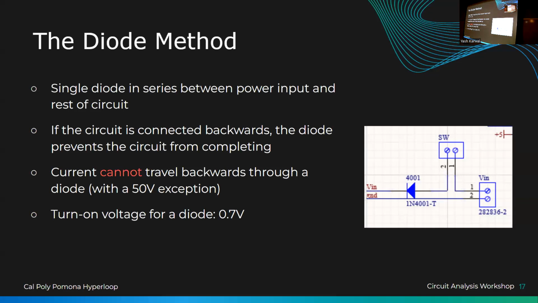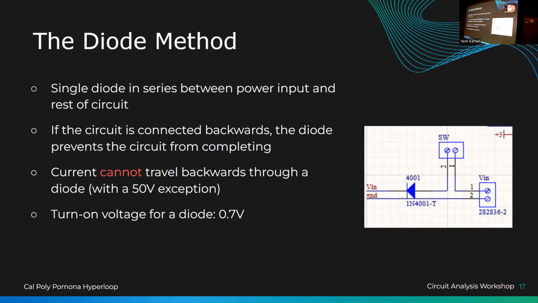All right, so this is the first method, the diode method. If I were to draw it here, you have in, then the diode, and then out. Thankfully, the diode tells you the direction it's supposed to go. It's an arrow. So when you plug in the plus volts, it goes through this arrow.